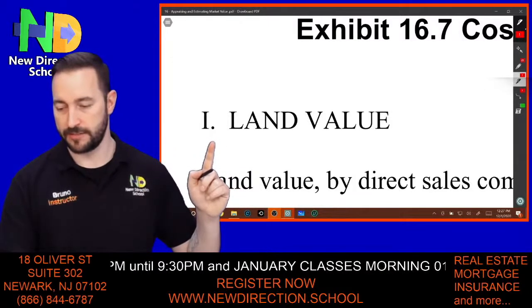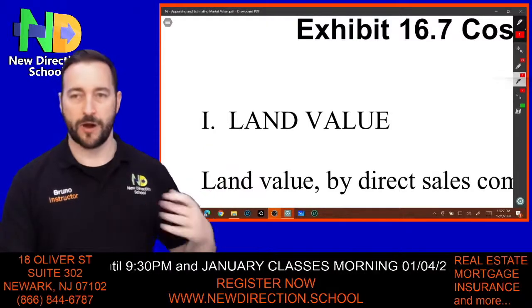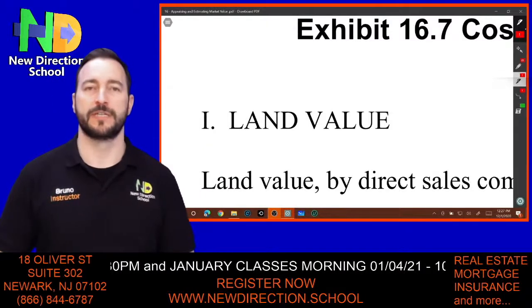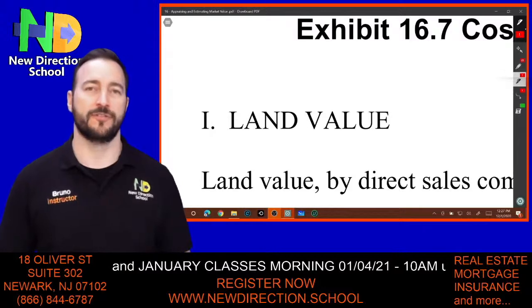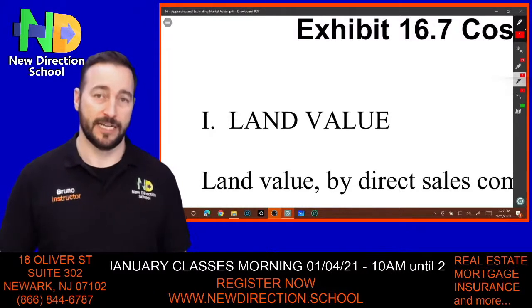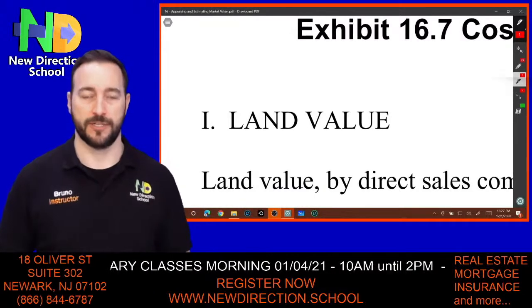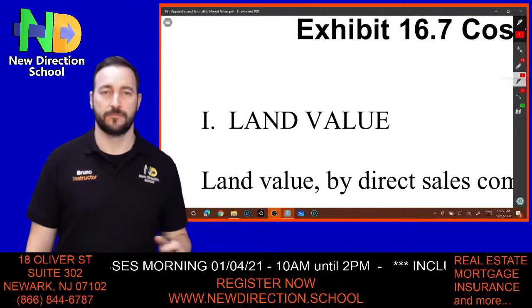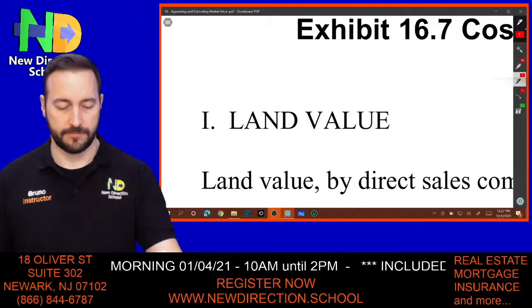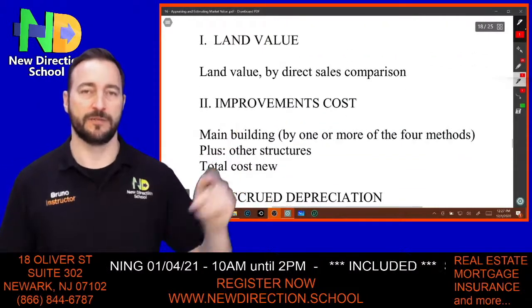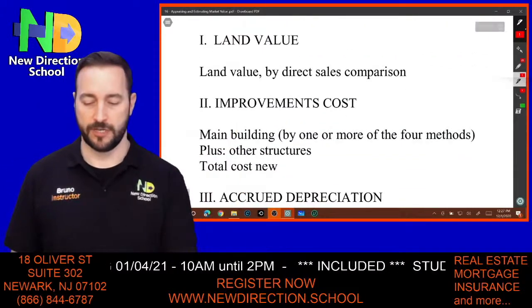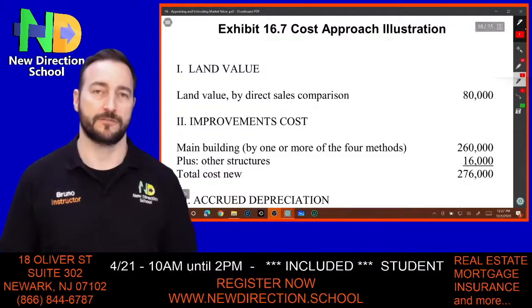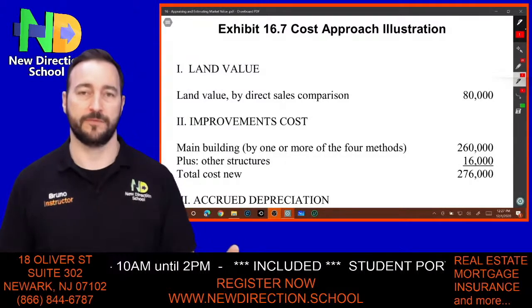Land is always calculated separately. And there might be a question, which of the approaches to value calculates the land separately? Well, cost approach does. So they'll tell you land is worth $80,000, right? The building, the improvement, is worth $260,000. So they'll give you all this info.